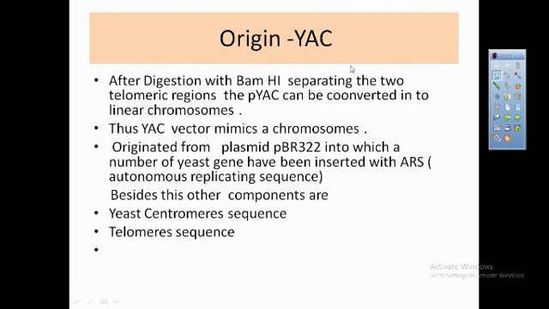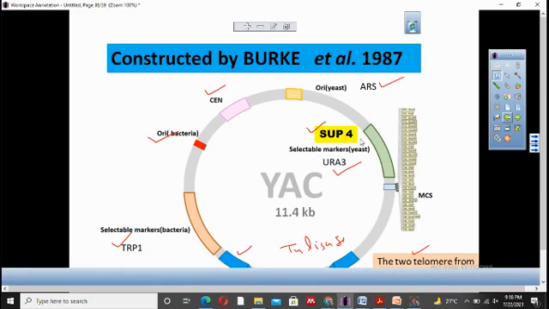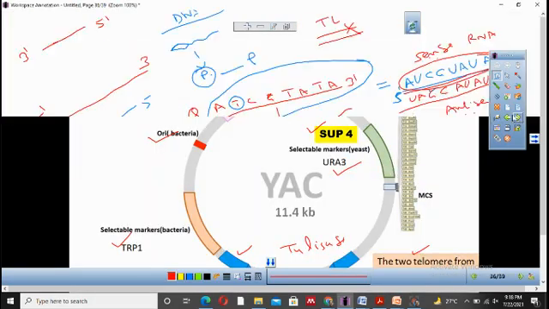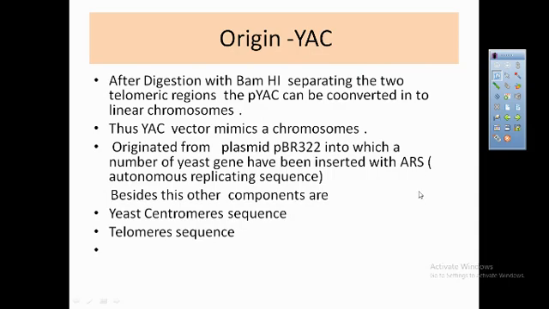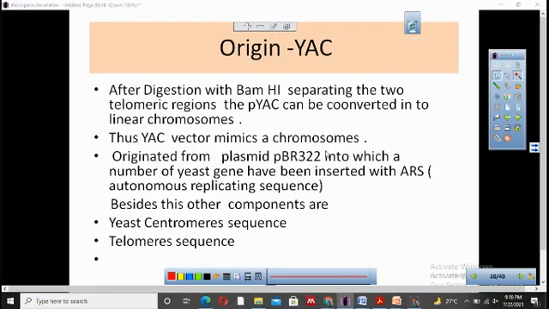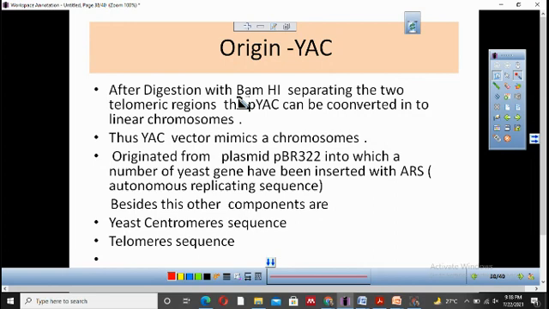So this is circular. If you want to create linear chromosomes, then you will have to digest it with the BamHI. So you just recall the YAC plasmid. Here was the telomere, here was the telomere, and at this very site, the BamHI was there. So this is BamHI. This is also BamHI.